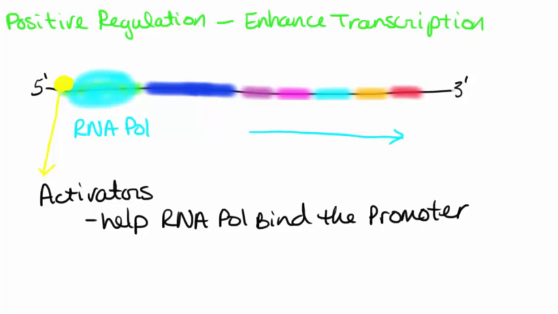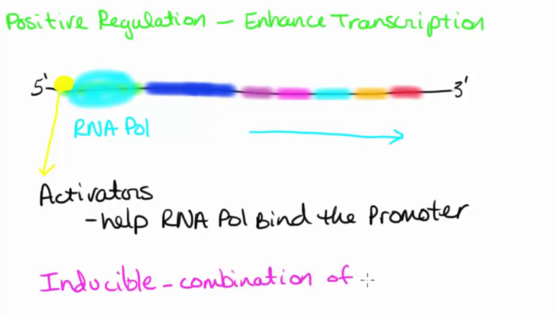When we talk about gene regulation in prokaryotic cells, a lot of times the term inducible comes up. Inducible gene regulation usually involves a combination of the repressors and activators. The two of them working together will help to ensure that the cell is only producing what it actually needs, depending on the current situation inside the cell.